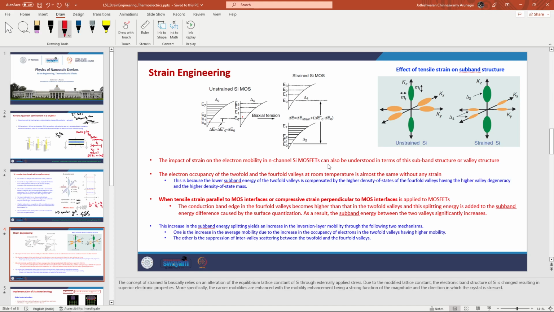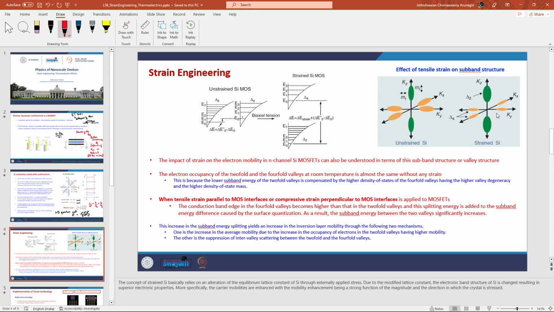and because of that, yes, we can have intervalley transitions. What does intervalley transition mean?